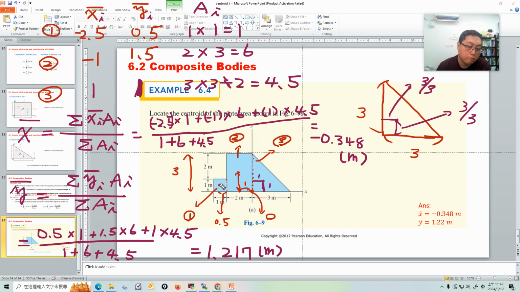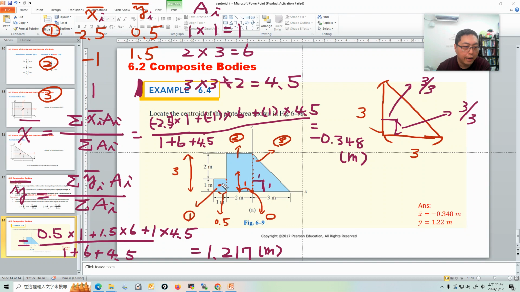For the rectangle, it's very easy. For the right triangle, you have to memorize the conclusion we showed in the previous video: the centroid is at base over 3 and height over 3.